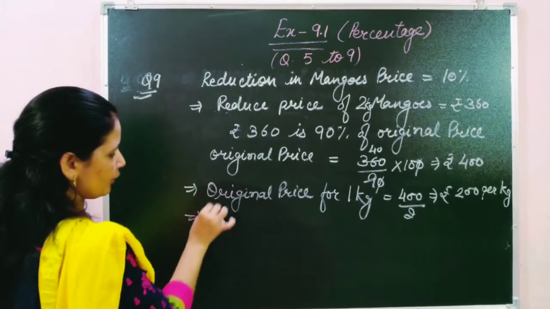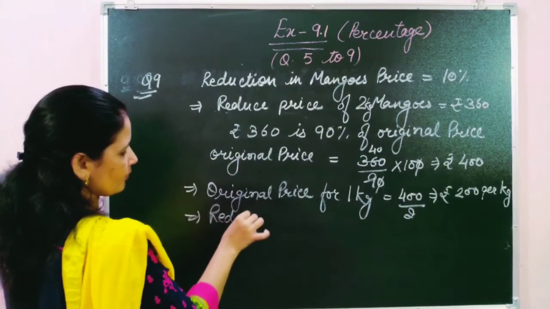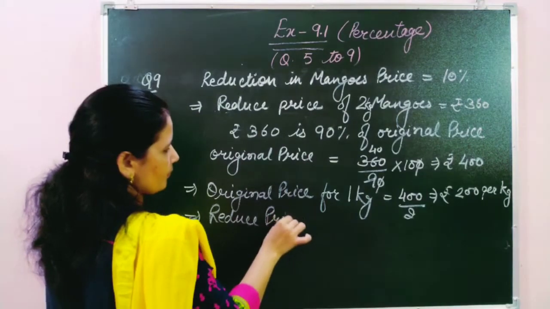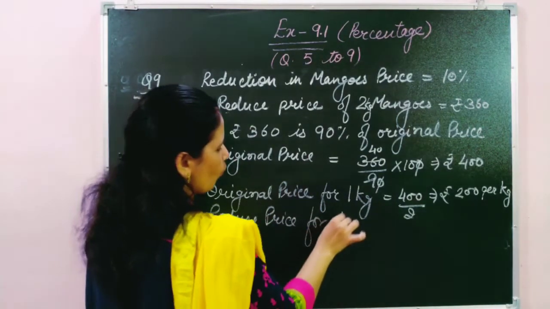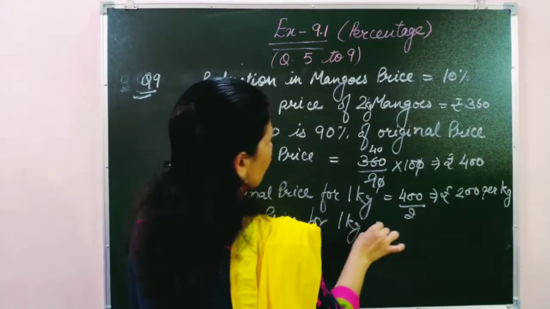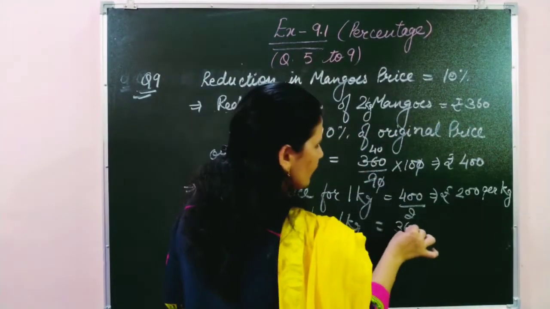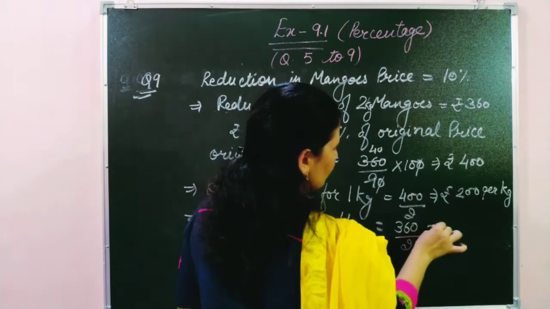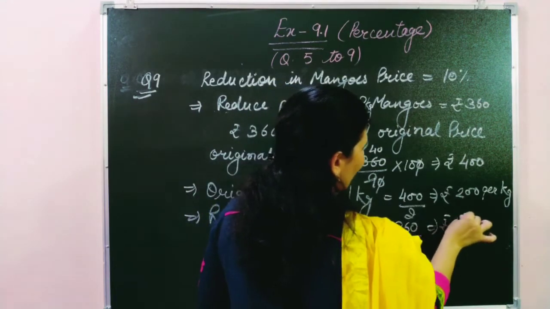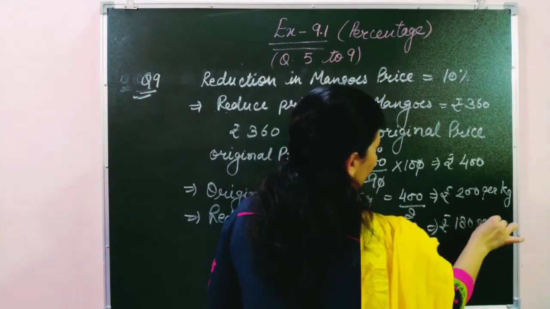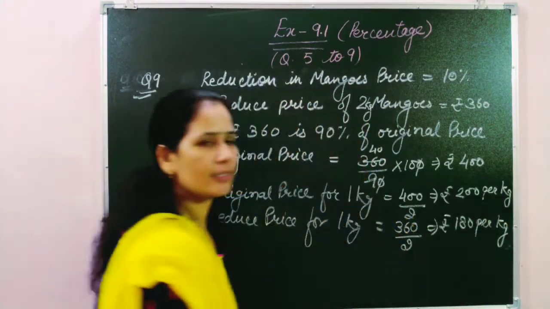And the reduced price for 1 kg: 360 rupees for 2 kg, and for 1 kg 360 divided by 2, that means rupees 180 per kg.